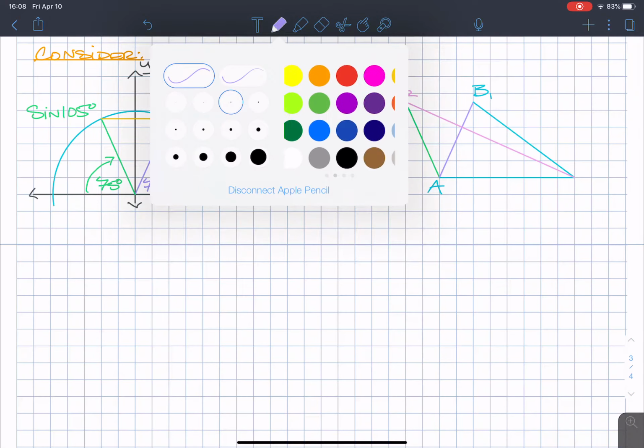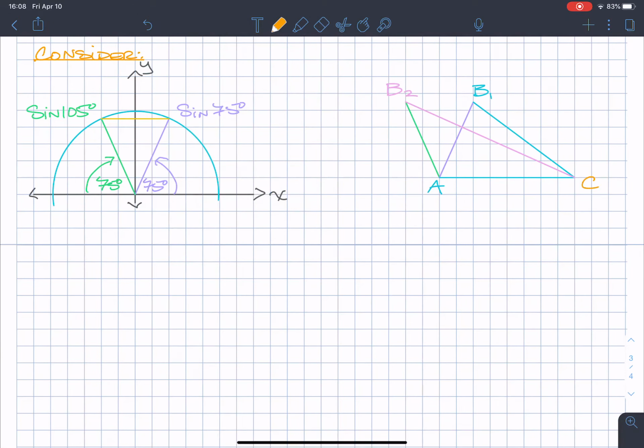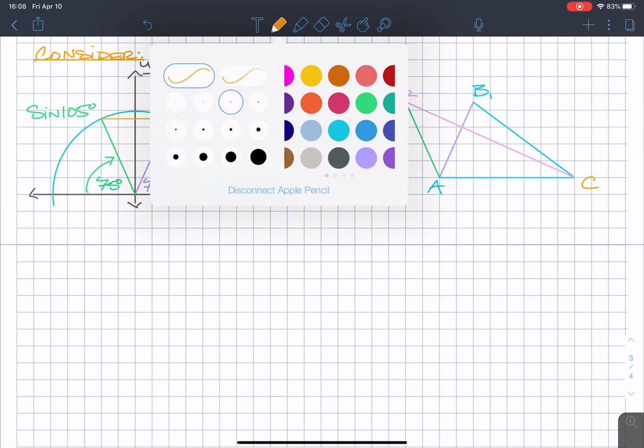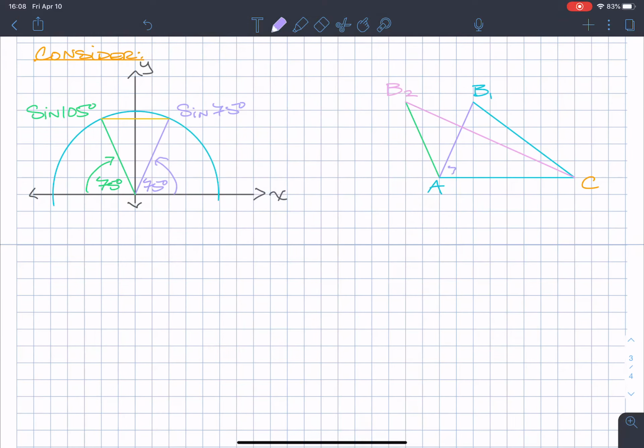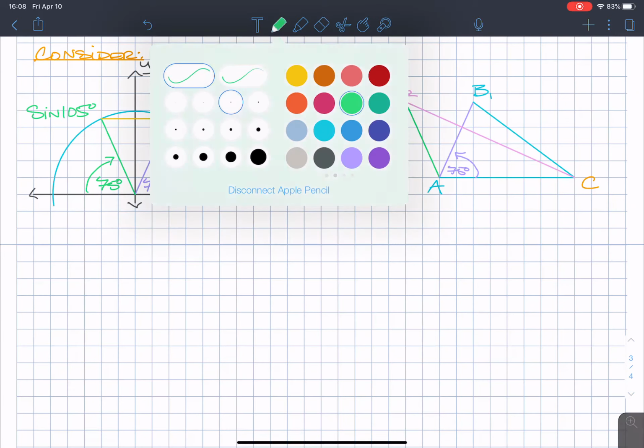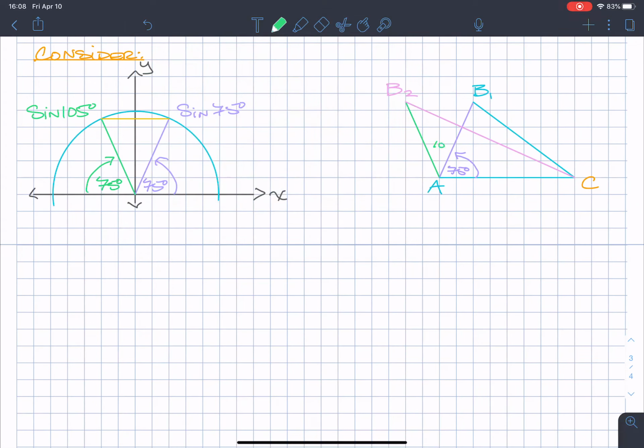No, I've already used purple, orange. Okay, so we have the 75 degree angle for the purple guy. But then we have the 105 degree angle here for the green guy, right?